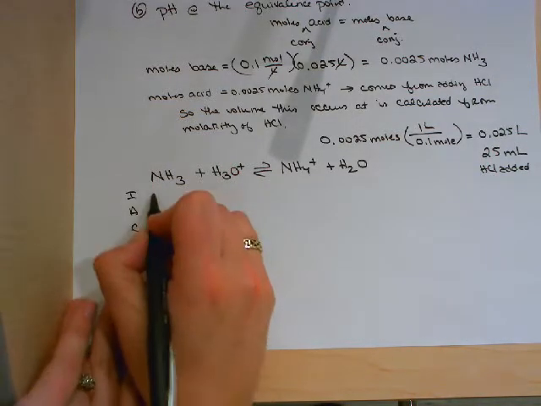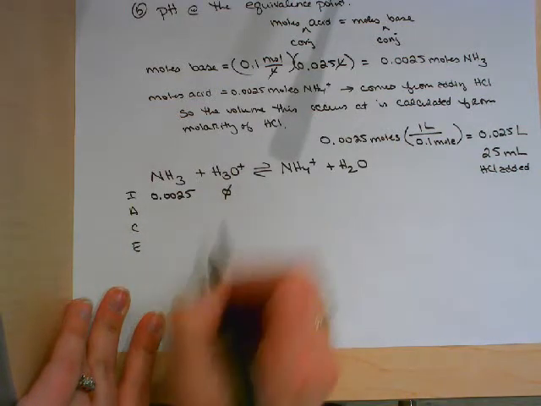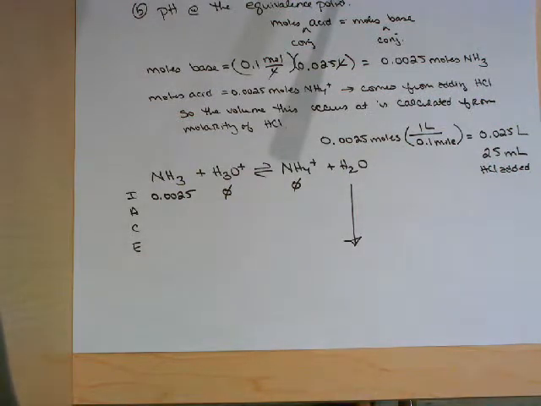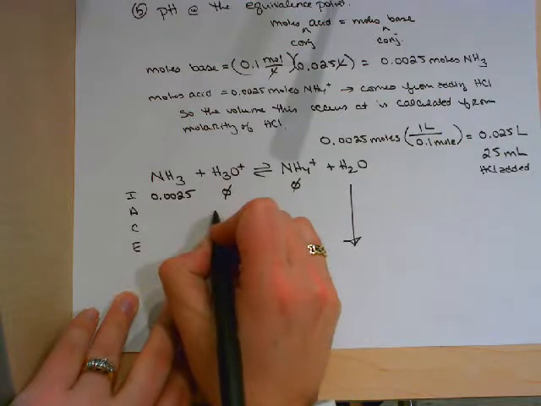Alright, so I know moles of this. Initially there's none of that, and that's just water. What am I adding? HCl, which I write as H3O+. So I'm going to add this much.